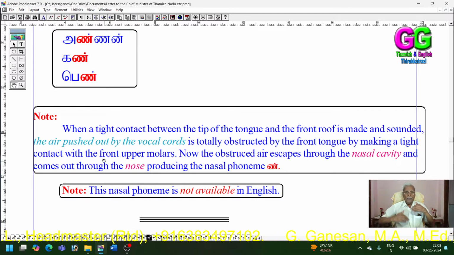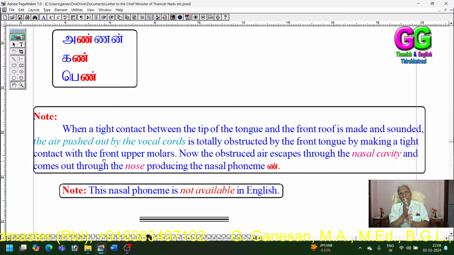Now when we sound, the air pushed out by the vocal cords is completely obstructed by the front tongue making a tight contact with the front upper molars.